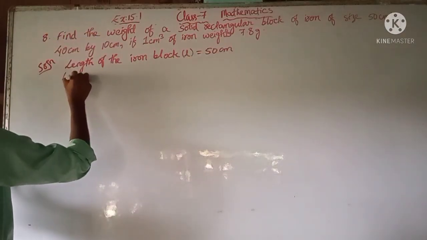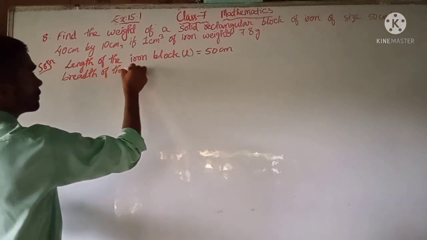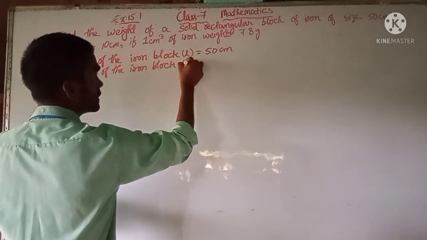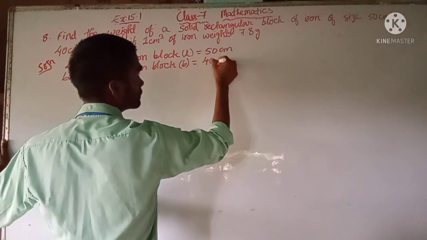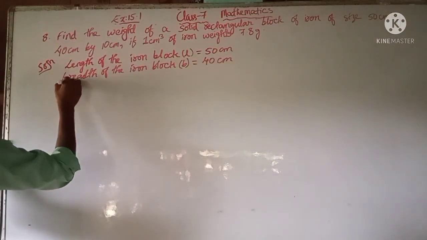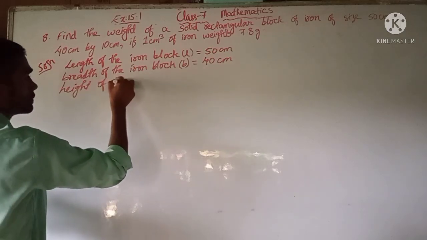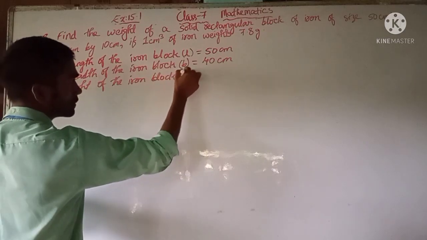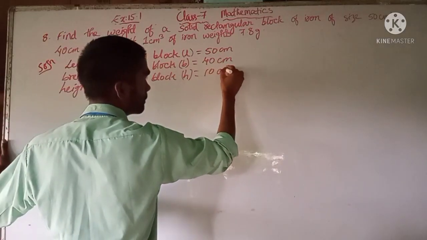Breadth of the iron block, that is B, is equal to 40 centimeter. Again, the height of the iron block, that is H, it is given, that is 10 centimeter.